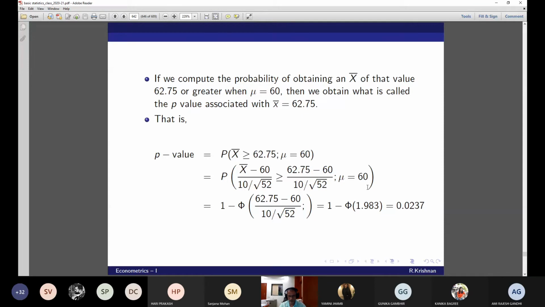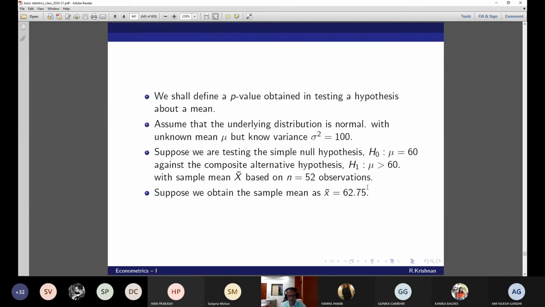Now, suppose I ask you the other question. Do you see the sample mean now, 62.75? Yes, sir. What could be the sample mean which could be treated to be equal to 60? As a lay person, you tell me. Even to a lay person, 62.75 equal to 60 is incorrect.